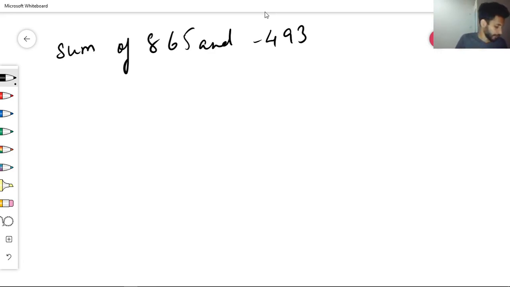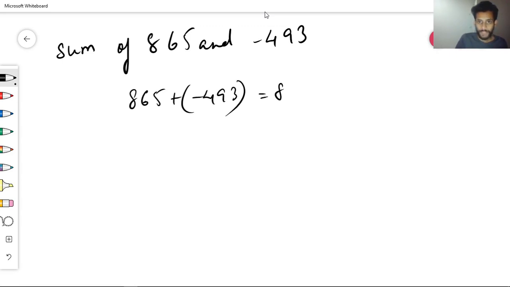Here it will be 865 plus minus 493. If I open this bracket, it will be 865 minus 493. So here it will be 2, then 9, 7, then 3, and the result will be in plus. Why plus? Because the bigger one has the plus sign.